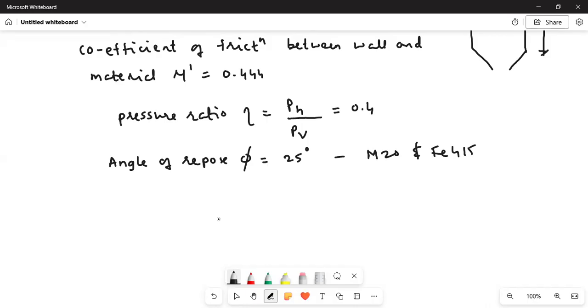Okay, there are two theories basically I'm talking about. There are two theories by which you can find the horizontal pressure in the design of silos, but most of the time they will ask you to use Jansen's theory for silo design.